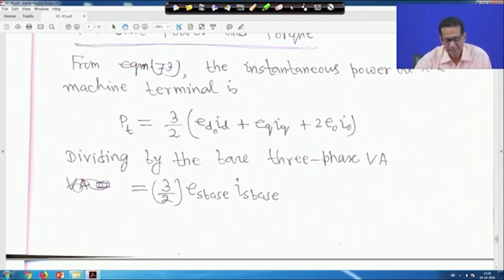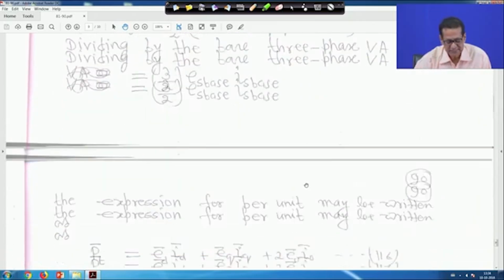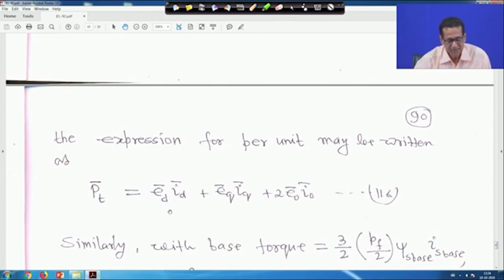Then it becomes ED upon ES base into ID upon IS base, EQ upon ES base into IQ upon IS base, plus 2 into E0 upon ES base into I0 upon IS base. So this is PT bar is equal to ED bar ID bar plus EQ bar IQ bar plus 2 E0 bar I0 bar, they are in per unit.